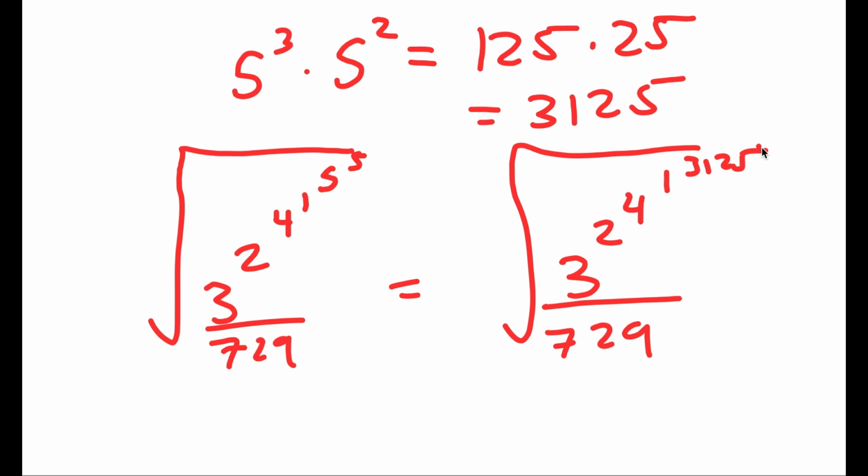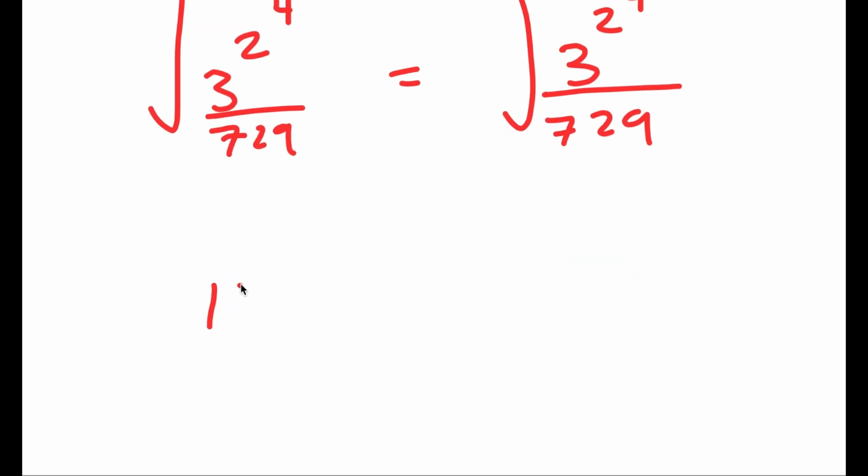Now we're going to go to the next part. We have 1 to the power of 3,125. Well, 1 to the power of 3,125 is still equal to 1 because 1 to the power of any number is just 1.